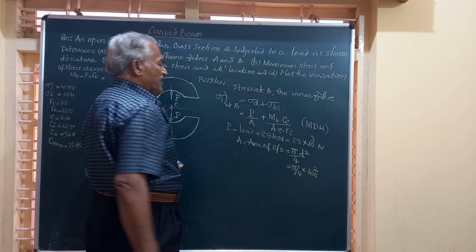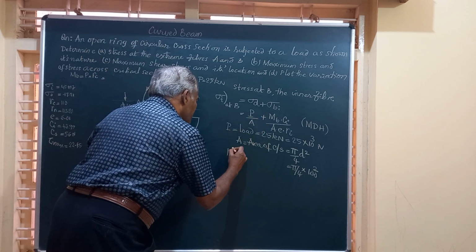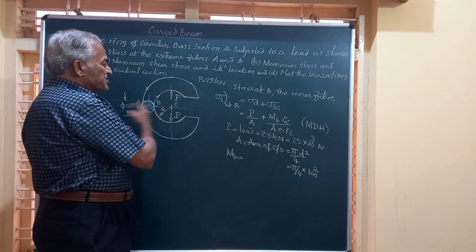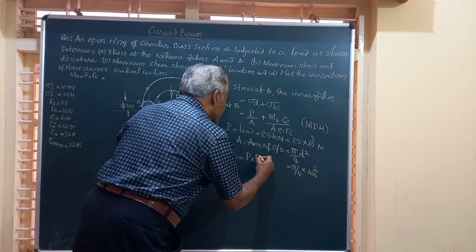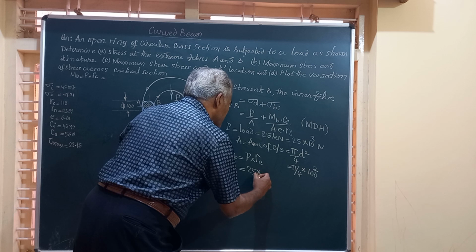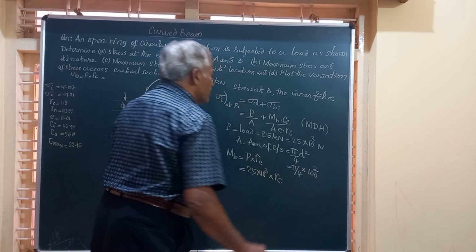So you can get the value. Then comes friends MB. MB is the bending moment due to this eccentricity, given by P into RC. So P is 25 into 10 to the power of 3 and RC you will have to find out.